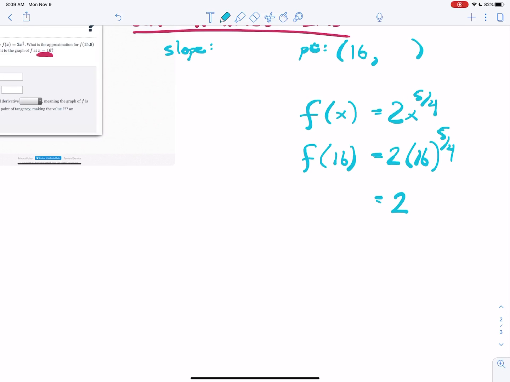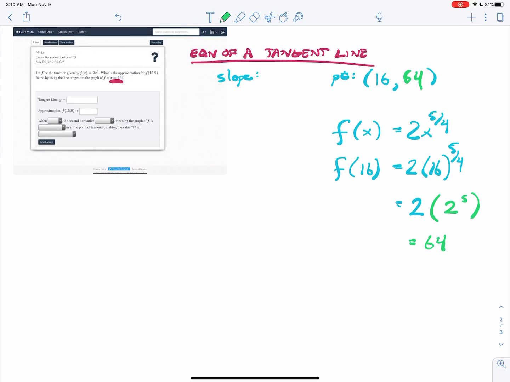That's going to be 2. So the fourth root of 16 is 2, and then we're going to raise that to the 5th power. 2 to the 5th power is 32 times a 2, which is 64. And again, you can use a calculator if you'd like, but you should practice fractional exponents. Okay, so we have a point. All we're missing is a slope.